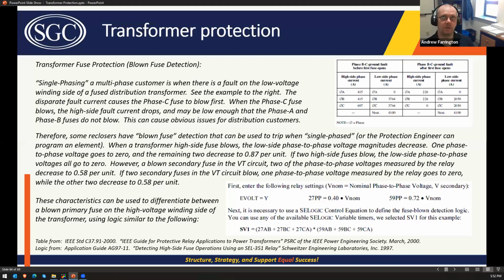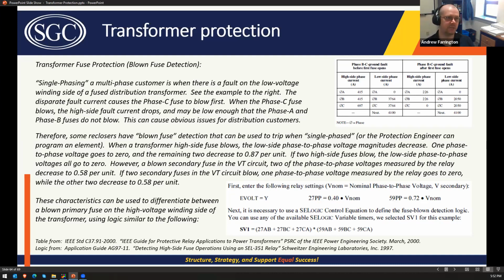The characteristics of those phase-to-phase voltages are different. And so if you can compare the two, you can be sure that it was a transformer high side fuse that blew and not the VT secondary fuse that blew.